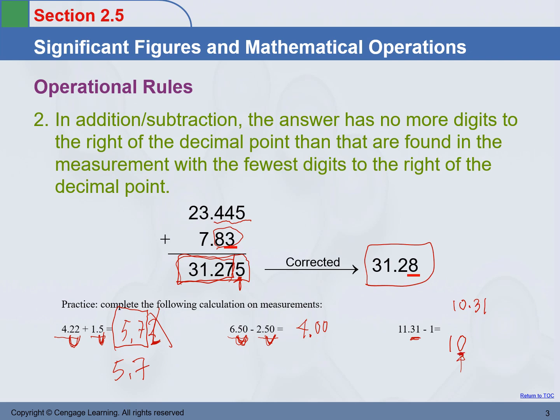If you report it as 10 only, the trailing zero is not significant. As a result, you will add a decimal to your answer. So you're going to report 10 point. Can I report 10.0? Of course not, because you cannot keep any digit after the decimal. That's the rule, because number 1 has no digit after the decimal.